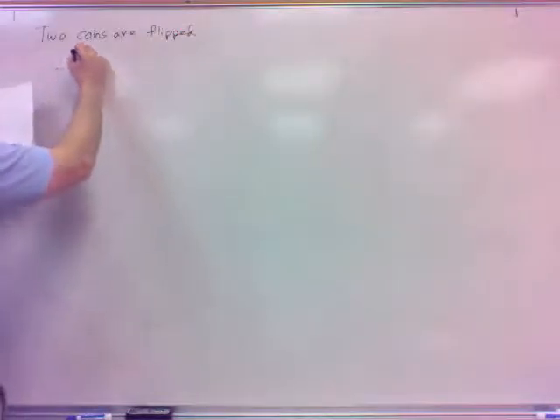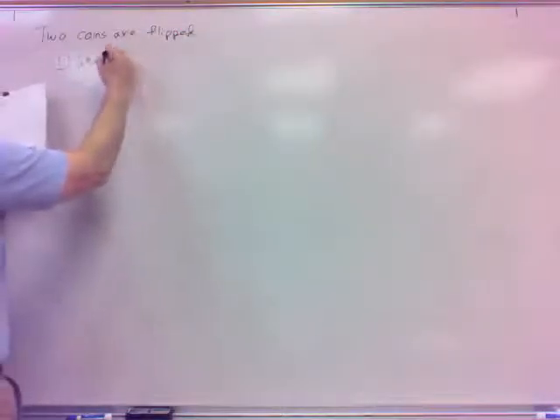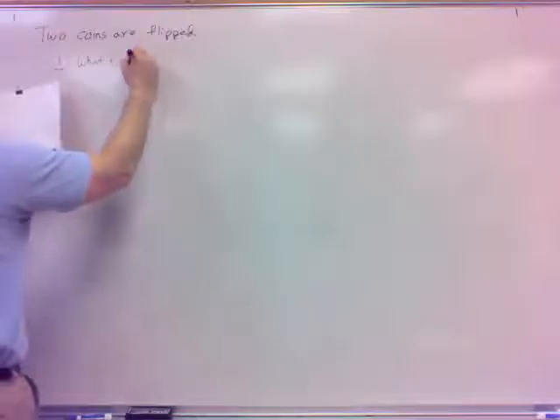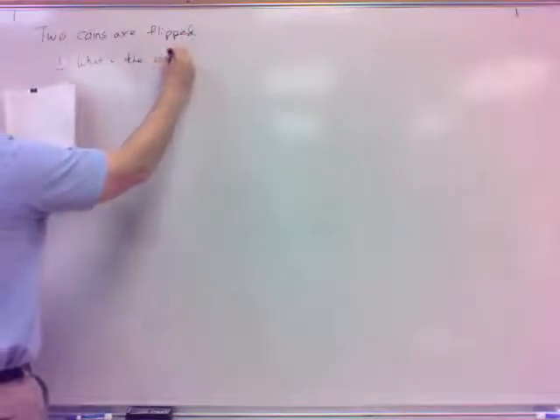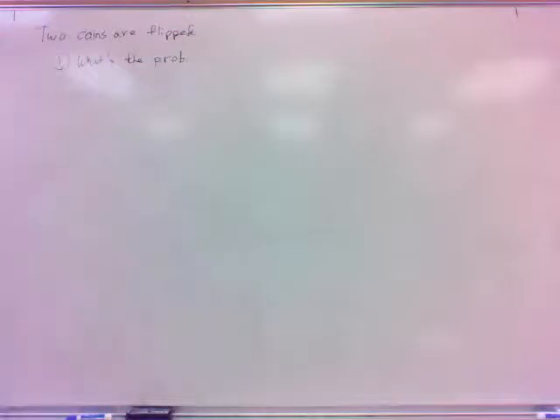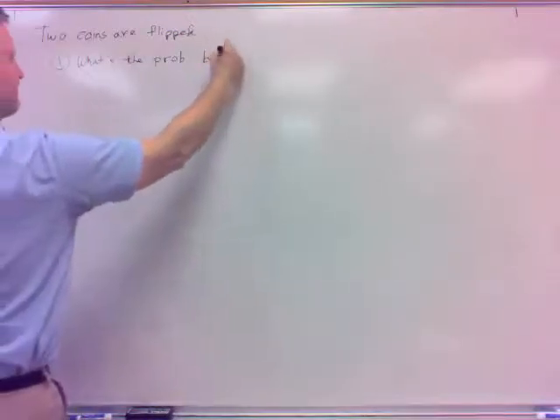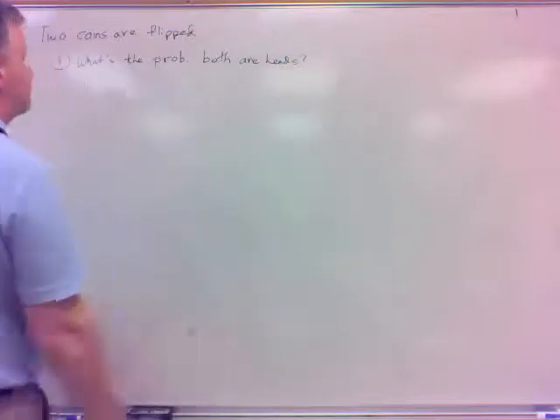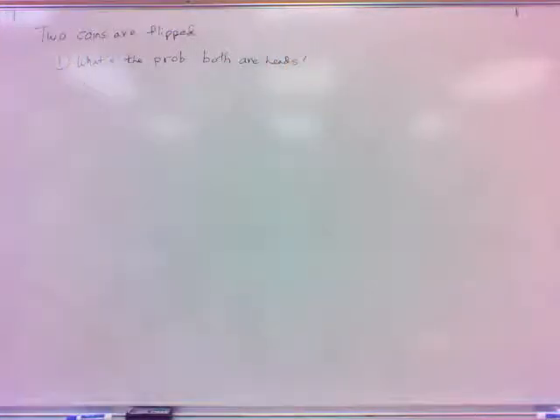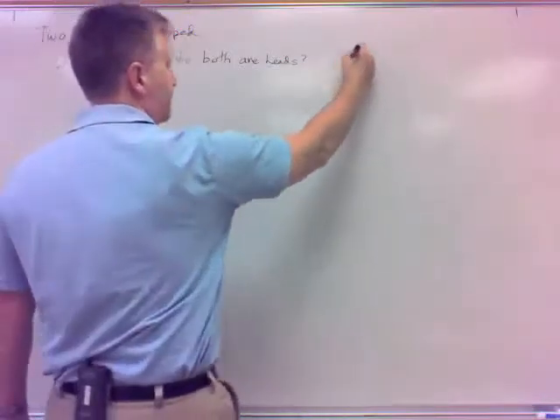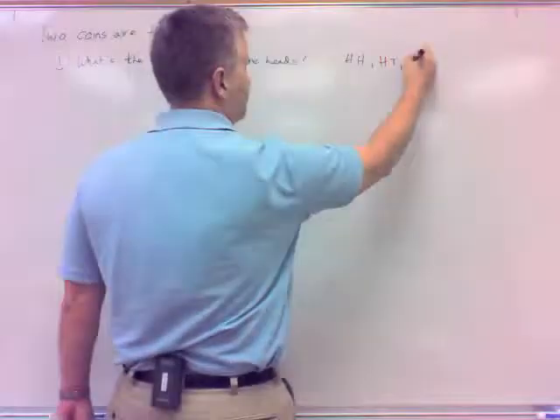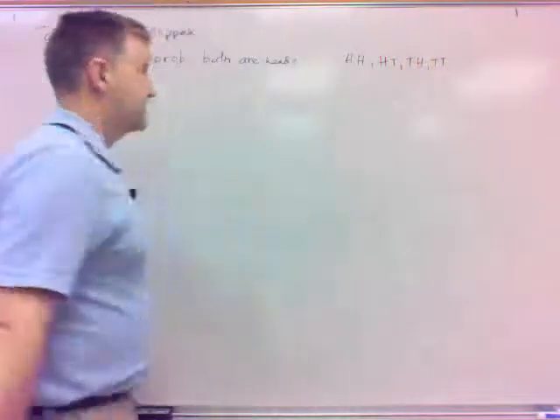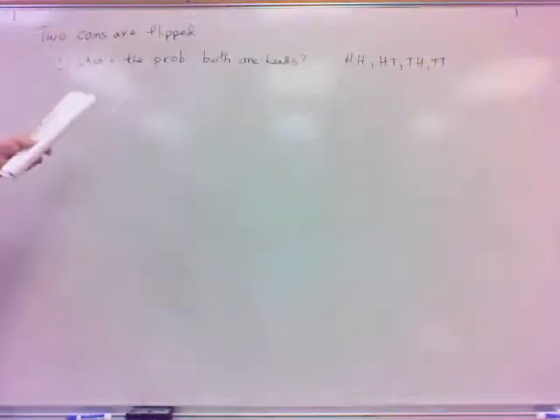Number one, what's the probability both are heads? Well, again, we are talking about the heads-heads, heads-tails, tails-heads, tails-tails possibilities.